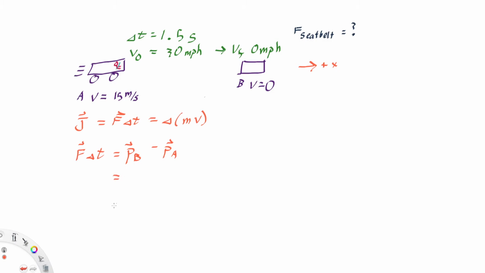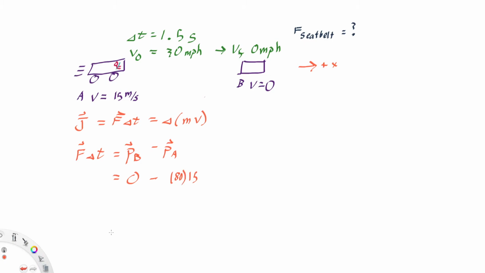At B, we have 0 momentum because we are stopped. At A, we're traveling 15 meters per second, and I don't know what any of your individual masses are, so I'm just going to put a mass of 80 kilograms in here.